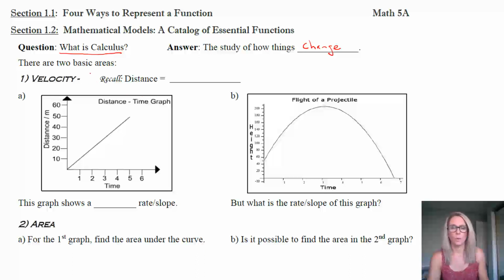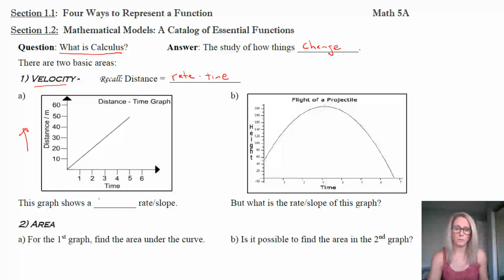Okay, so there's two basic areas, and one of them is velocity. And so we want to remember that distance equals rate times time. So d equals r times t. So down here is a graph that shows it's a distance time graph. So along the bottom is time, and then along the vertical axis is distance.